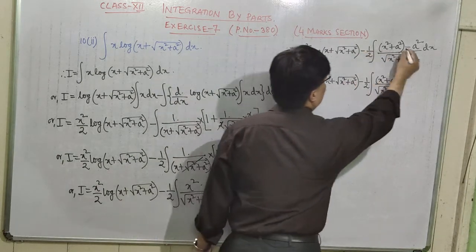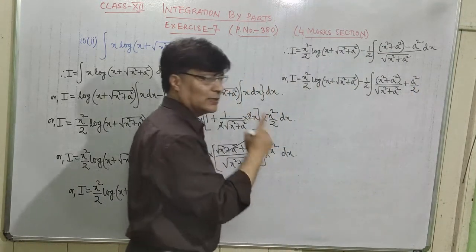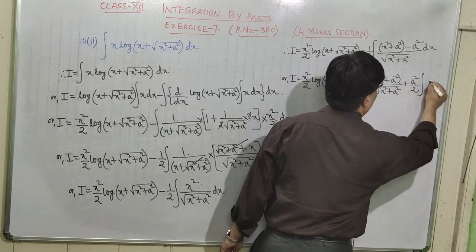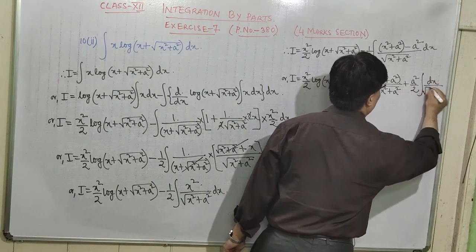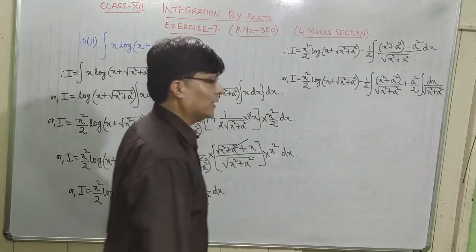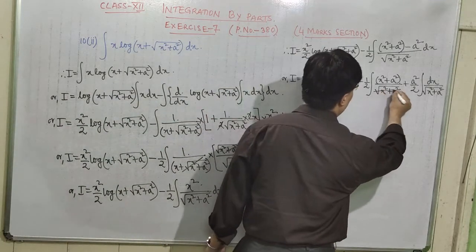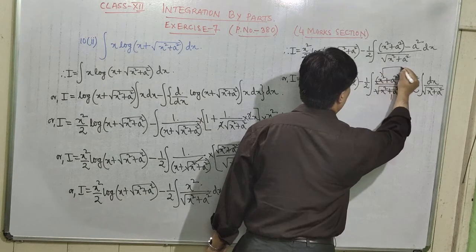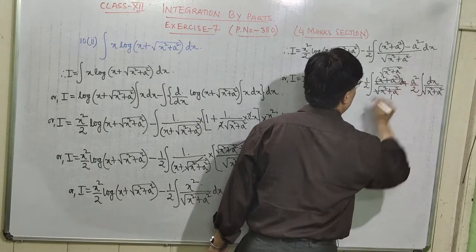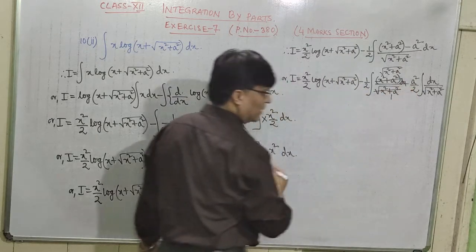So you can cancel root over x square plus a square here, and you can write dx also, because the integral sign and dx are separated. So this is your dx.